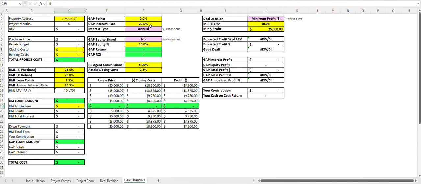Now, right over here in the yellow, this is all based on GAAP. So basically what will happen is the lender is going to provide you, let's say, 75% leverage on the total project costs. That's going to leave an amount that you're going to have to cover. Now, it's your decision how much you cover.